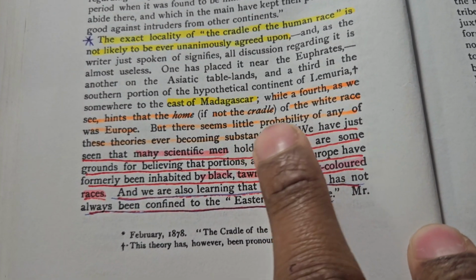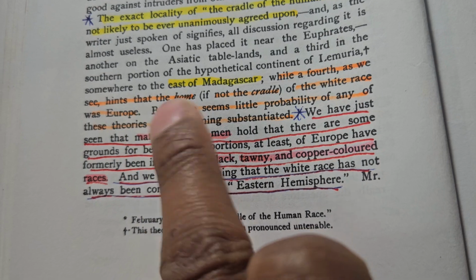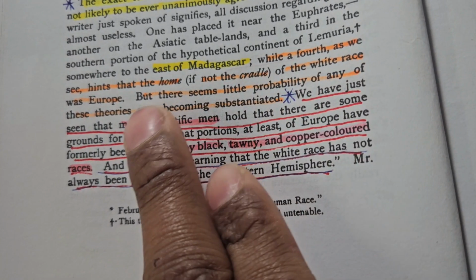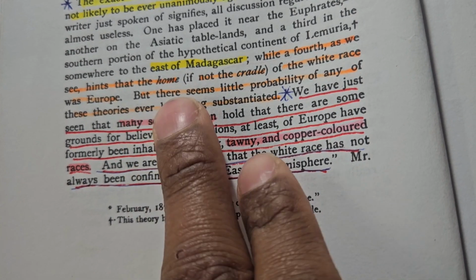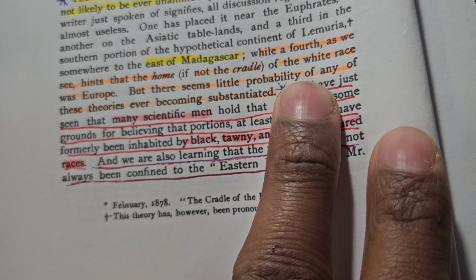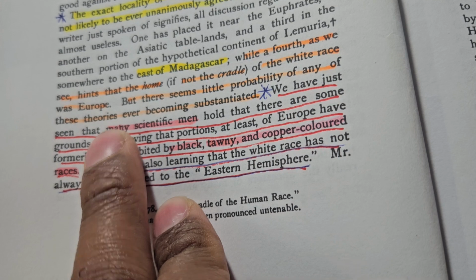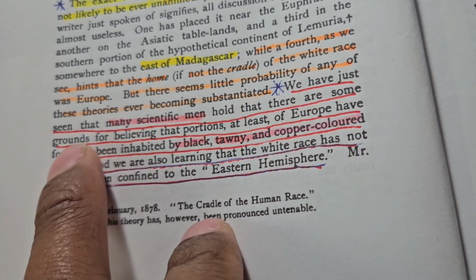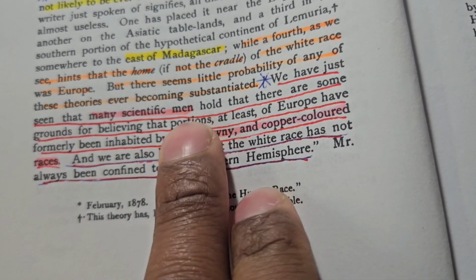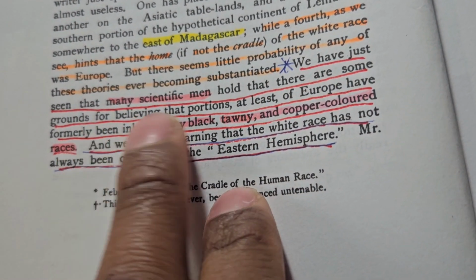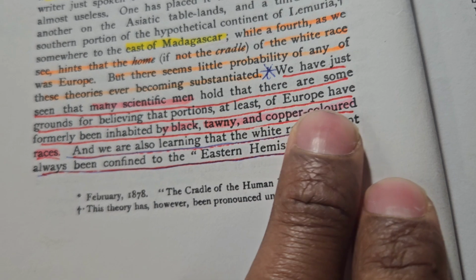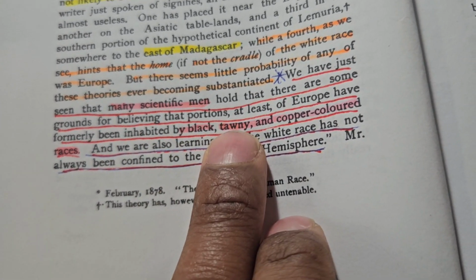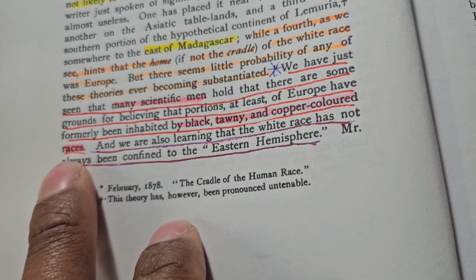And it states, while as we see hints that the home, if not the cradle of the white race, was Europe, there seems little probability of any of these theories, meaning what? It's never been proven, ever become substantiated. We have just seen that many scientific men hold that there are some grounds for believing that portions, at least, of Europe have formerly been inhabited by black, tawny, and copper-colored races.